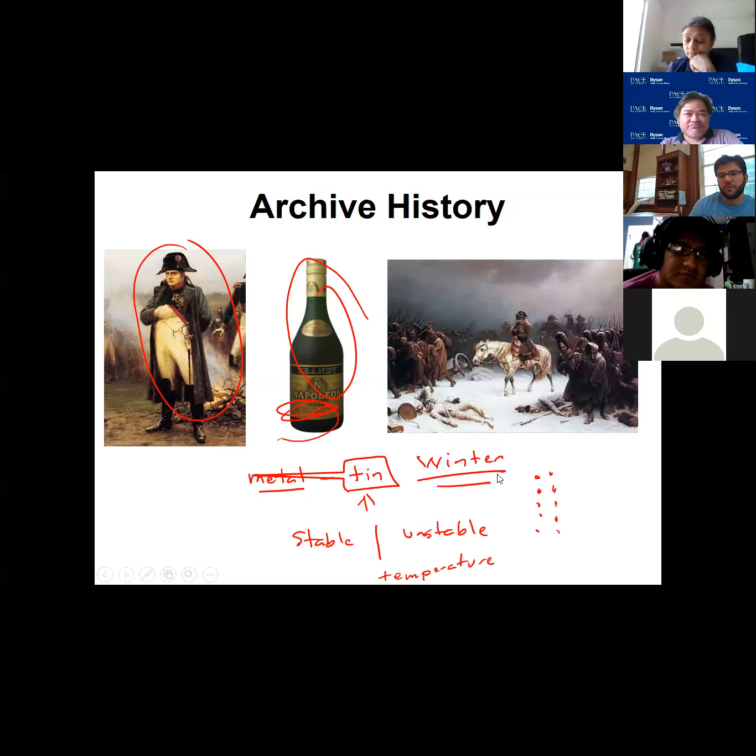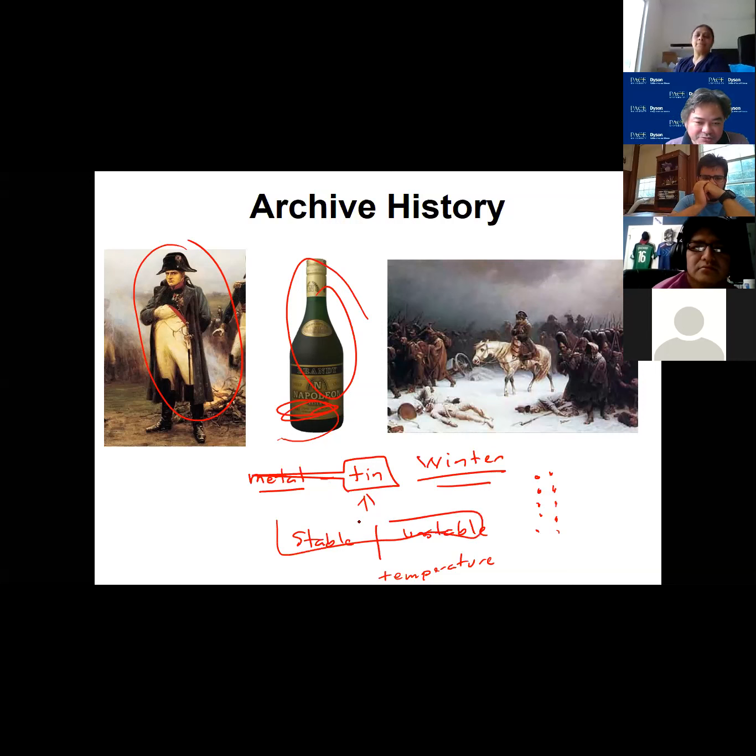Because the Russian campaign influenced Peter Tchaikovsky to write a musical piece about it, the 1812 Overture, some sort of that. Okay, but that's how we could describe chemistry during that time. They didn't know that tin has two forms, the stable form and the unstable form. And for them to disintegrate, you need what? 12 degrees Celsius. And the Russian winter is much lower than that.